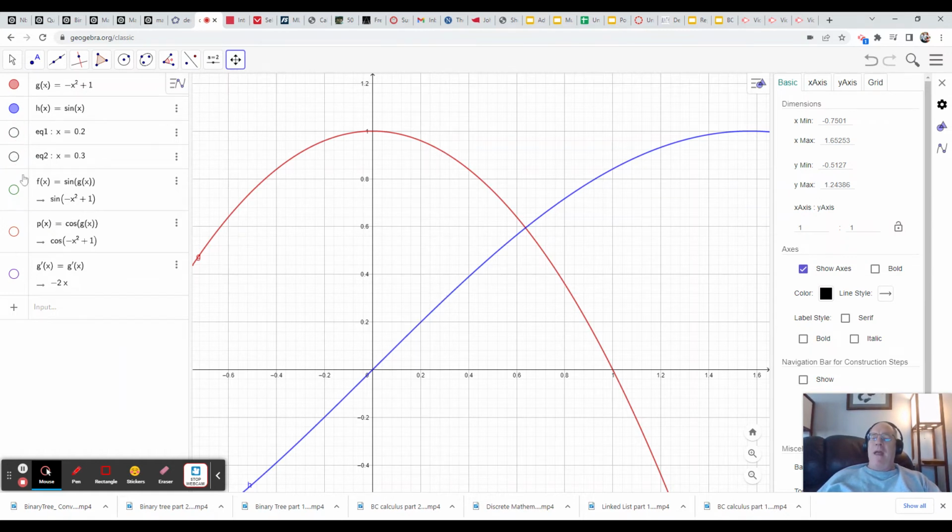But let's actually look at what the composition is: the sine of 1 minus x squared, or the sine of negative x squared plus 1. We see it tends to follow pretty closely at first to 1 minus x squared.